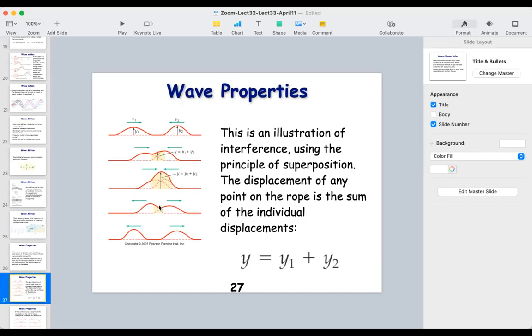Then after they pass each other, the waves will reduce, and we will see two separate waves. So the displacement of any point in the rope is going to be the sum of the individual displacements. So y is equal to y1 plus y2, okay?